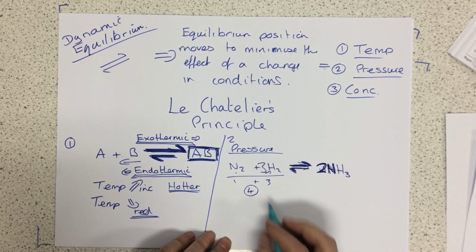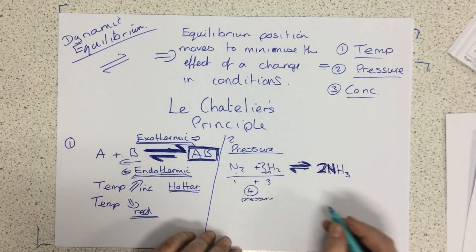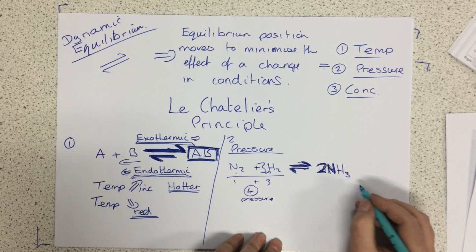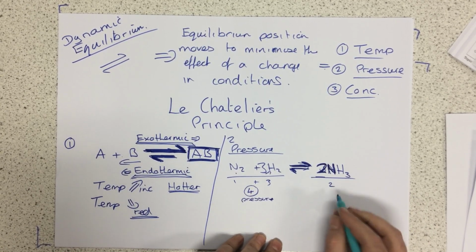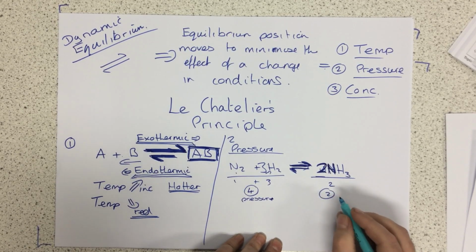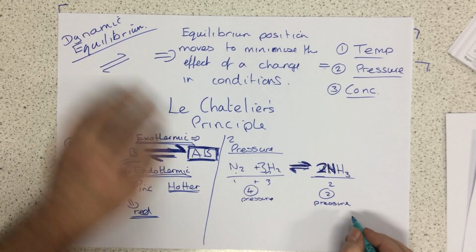These 4 molecules exert a pressure on the container. On the opposite side of the reaction, we just have 2 ammonia molecules, and those 2 ammonia molecules are the ones exerting the pressure on this side.